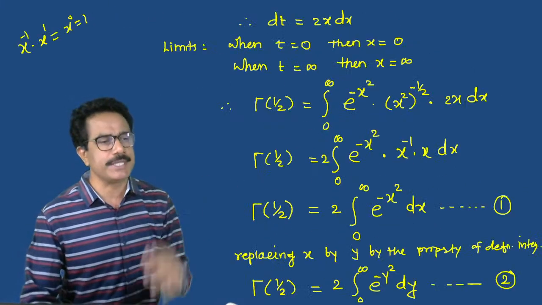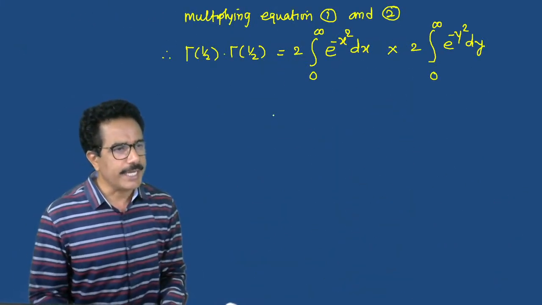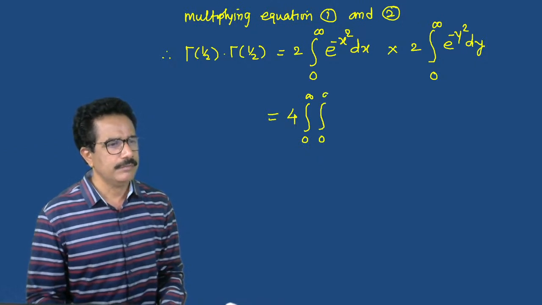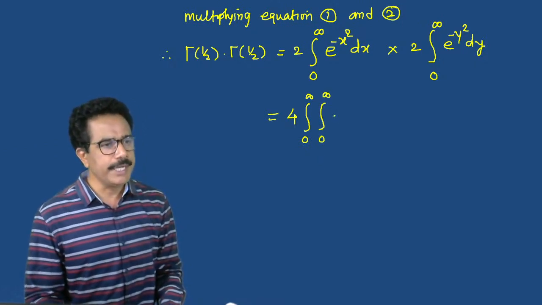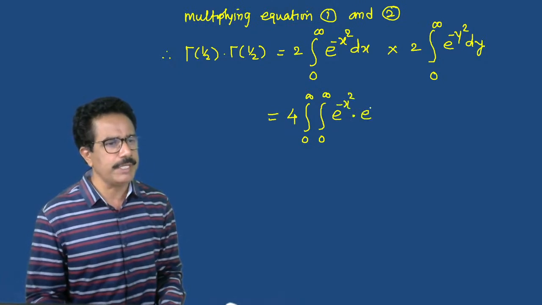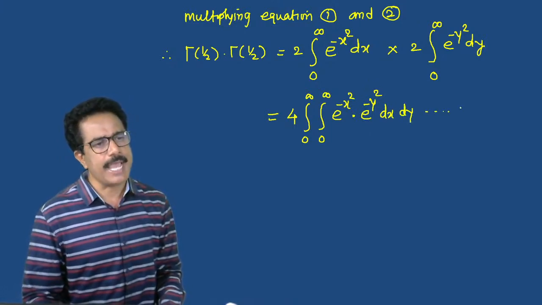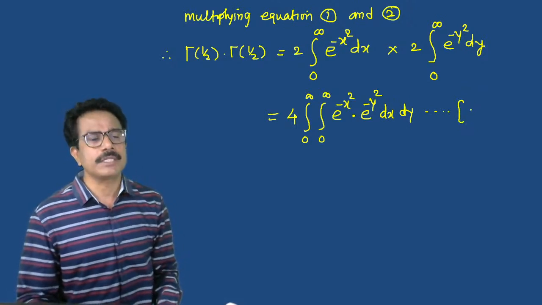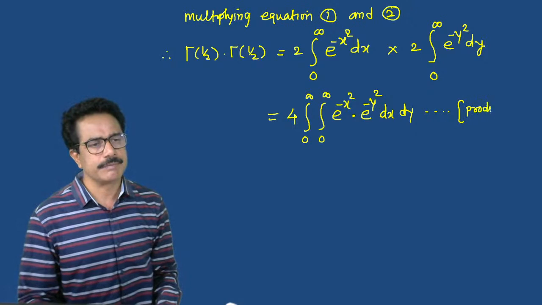So by using this theorem we can write 2 into 2 means 4, double integral from 0 to infinity e raised to minus x square into e raised to minus y square dx dy. This is as per the theorem on product of two integrals.